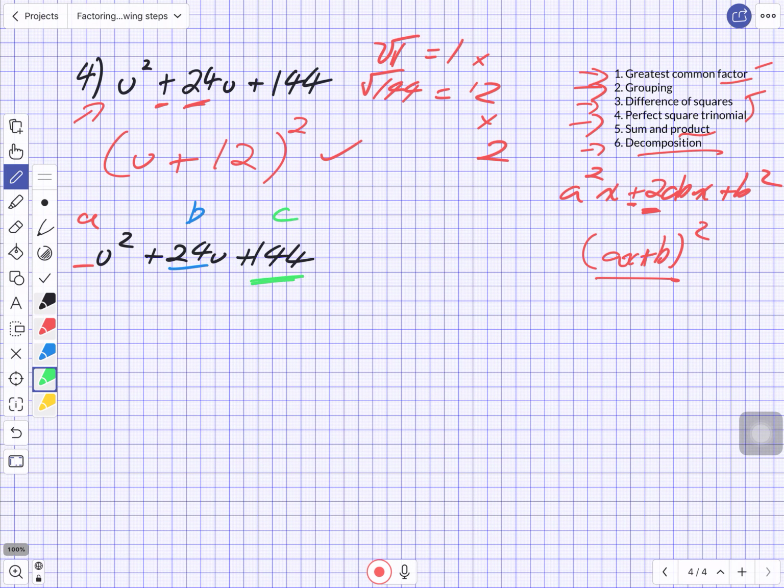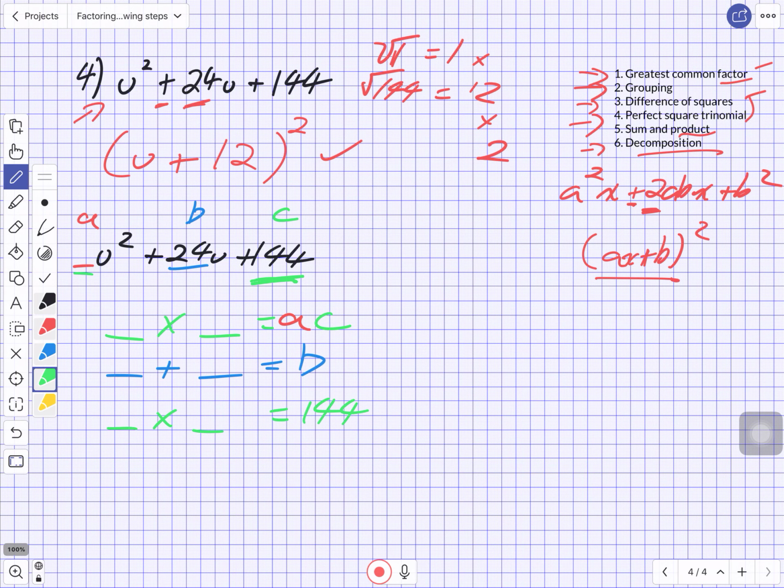Yes. Decomposition is actually two numbers that multiply to a times c, and the same two numbers add up to the coefficient b. So, in our case, two numbers that multiply to, well, 144 times 1 is still 144. So it's turning into a sum and product almost.